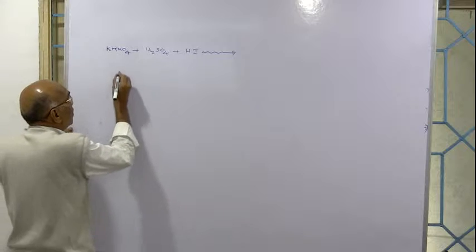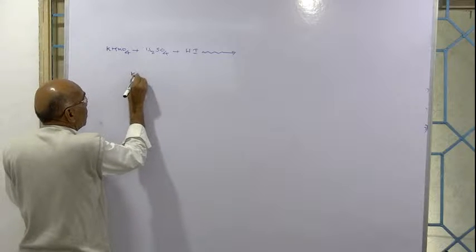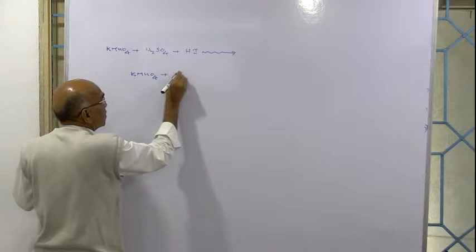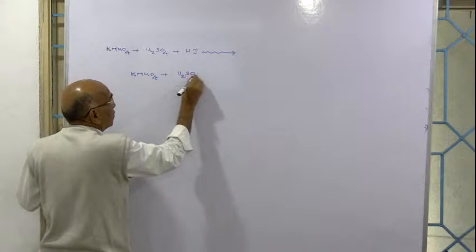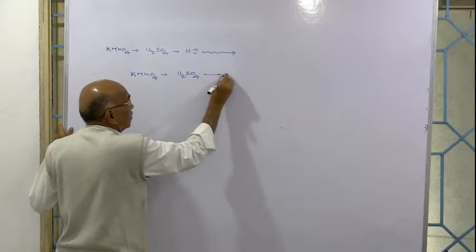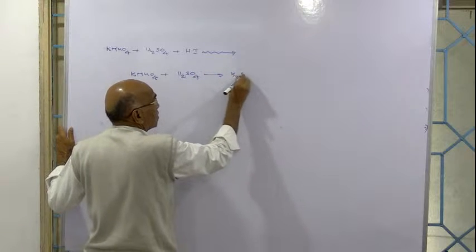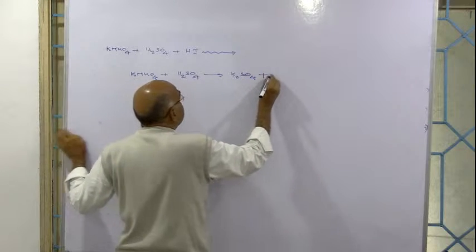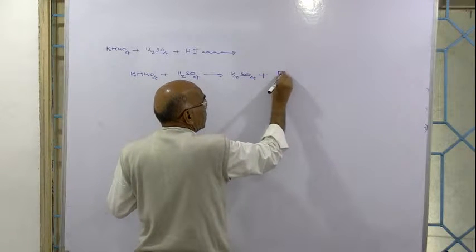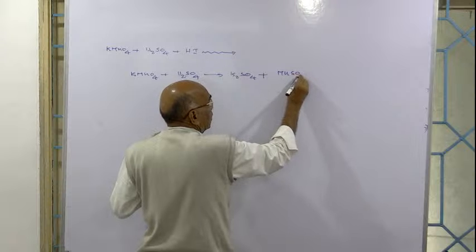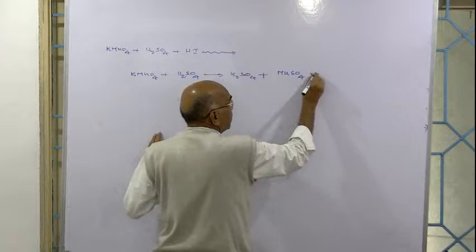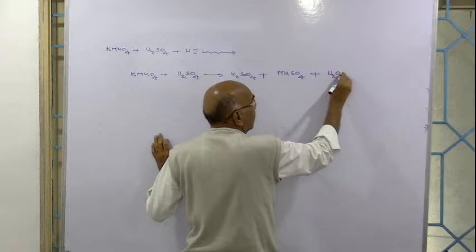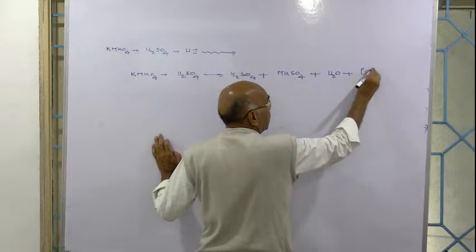So initially the reaction occurs between these two. This we have seen a number of times. You get potassium sulfate, a normal, neutral salt whose pH value is 7. The other one is manganese sulfate, which is an acidic salt according to hydrolysis reactions. Plus unbonded oxygen.